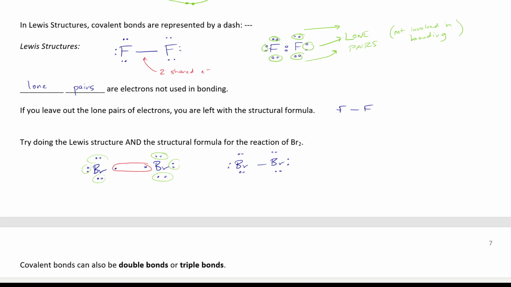I just drew the Lewis structure, and the structural formula is quite simple. It's just without the lone pairs. And that's your bromine. That's the structural formula. So this is the Lewis structure. Alternatively, this is a Lewis structure as well. And this is your structural formula.